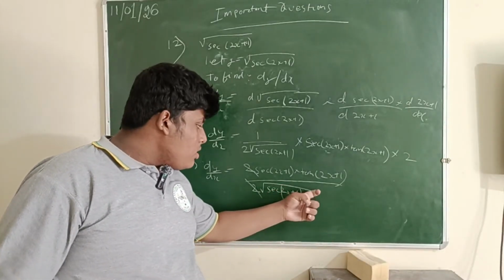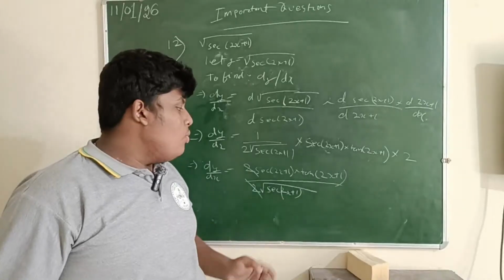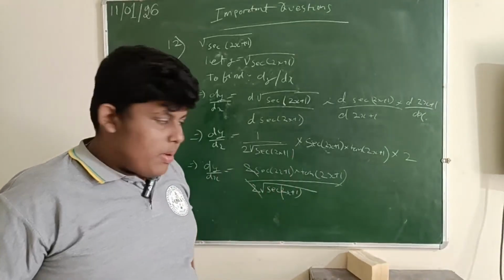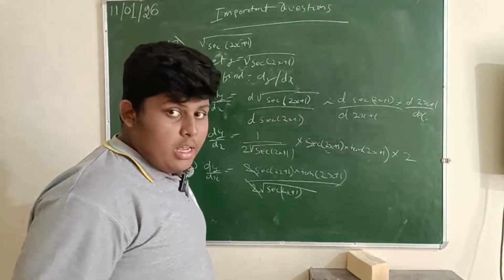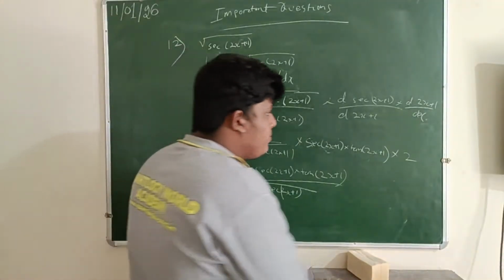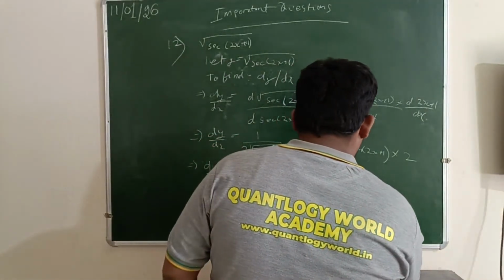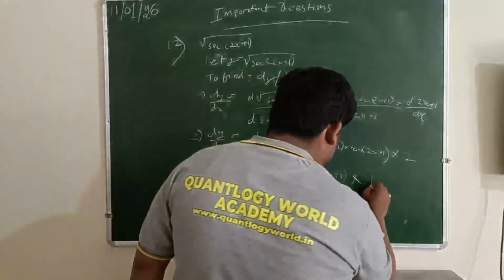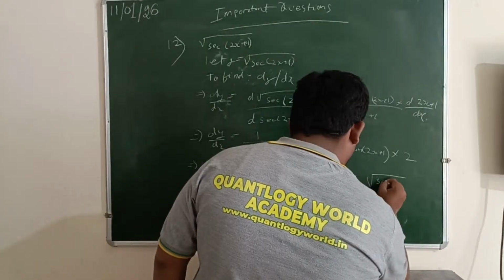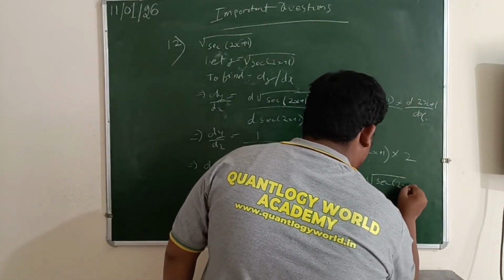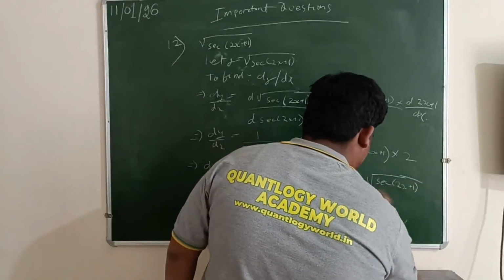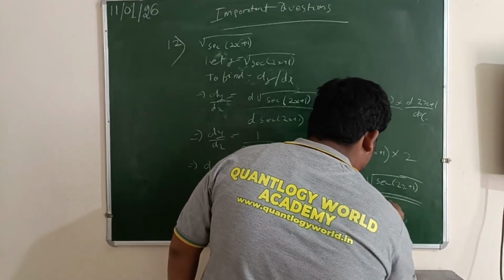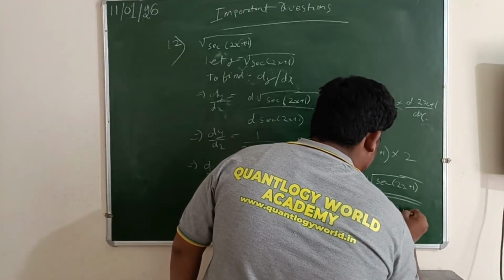We'll rationalize this root part, which means we'll rationalize the denominator, so we'll multiply both numerator and denominator by root over of sec 2x plus 1 by root over of sec 2x plus 1.